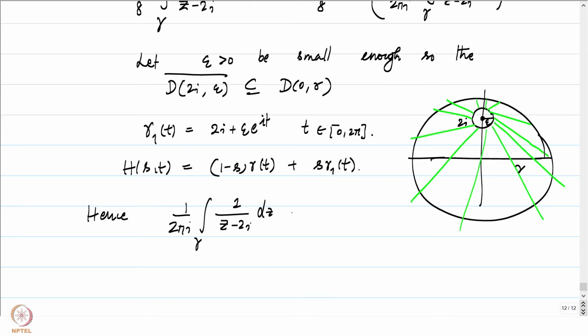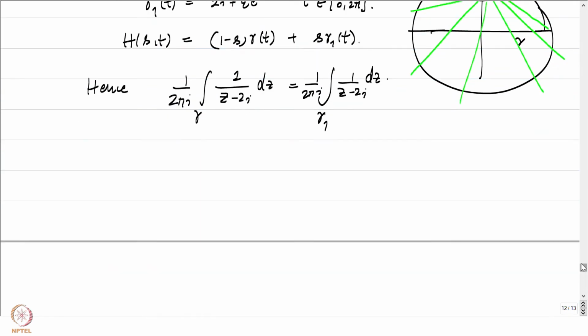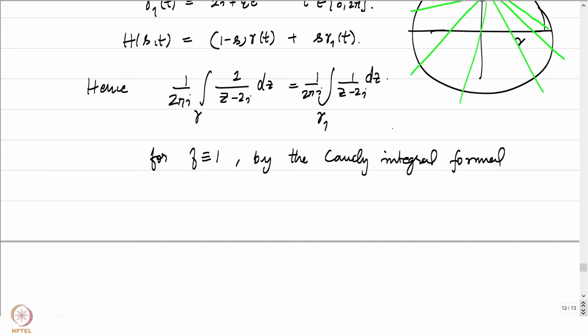This is going to be equal to 1 by 2 pi I over gamma 1 of 1 by z minus 2i dz. And that's just going to be, by the Cauchy integral formula, f evaluated at the point 2i. But again, f here is the constant function 1. For f equal to the constant function 1, by the Cauchy integral formula, this is equal to just 1 evaluated at 2i, which is equal to 1.